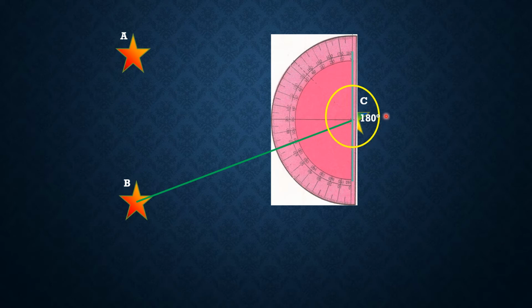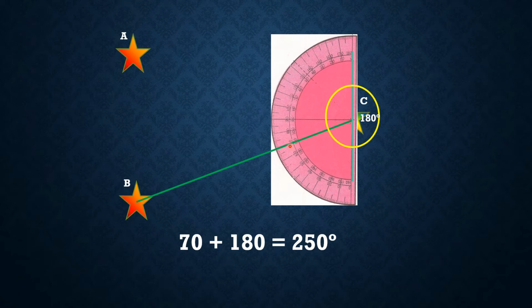So the next thing we're going to do is to add 70 degrees to 180, and that should give us approximately 250 degrees.